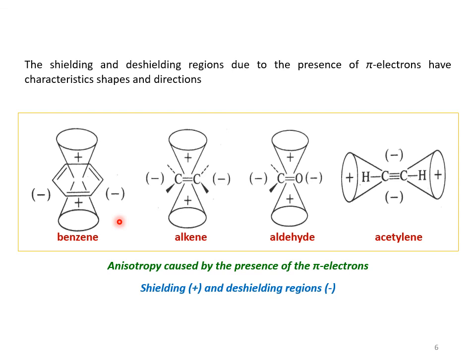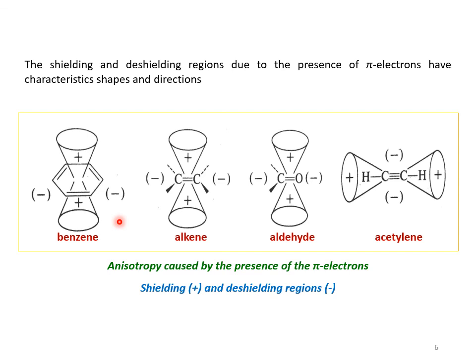The de-shielding of a proton in the case of a pi system is because the induced magnetic field is in the direction of the applied magnetic field, and the shielding of the proton is because the induced magnetic field opposes the external magnetic field.